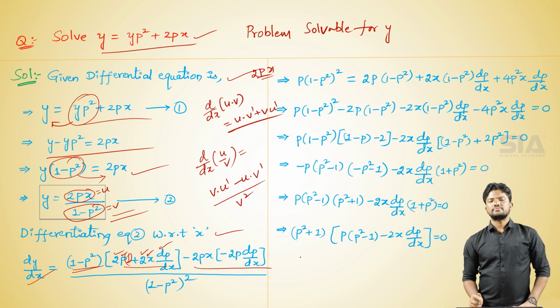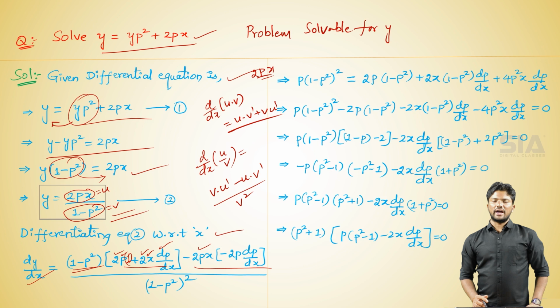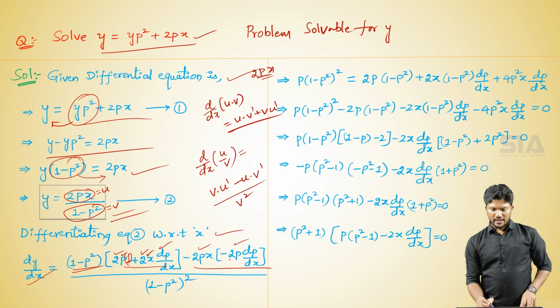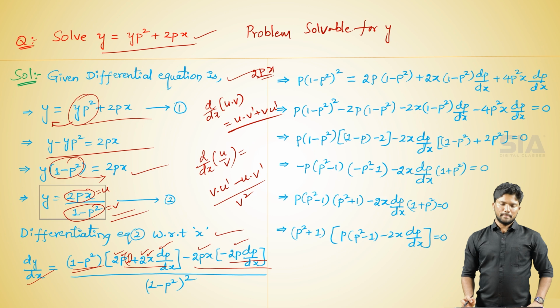Minus u into v dash: the numerator value 2px into the derivative of the denominator, where the derivative of 1 is 0 and of p square is 2p, and again dp by dx, all divided by v square. V square is nothing but 1 minus p square whole square.